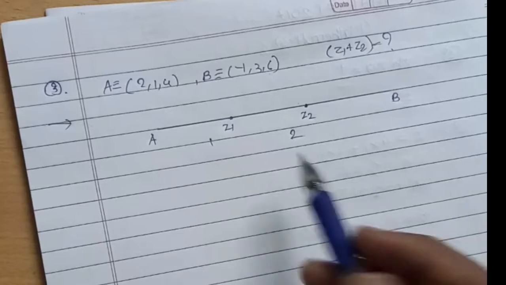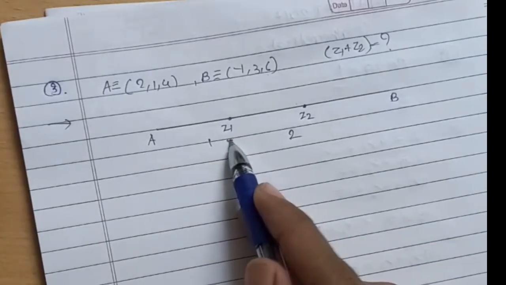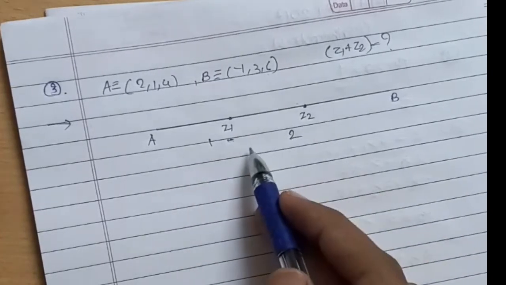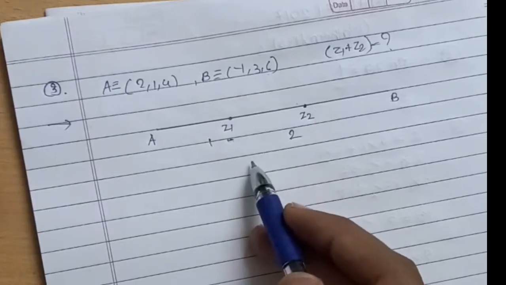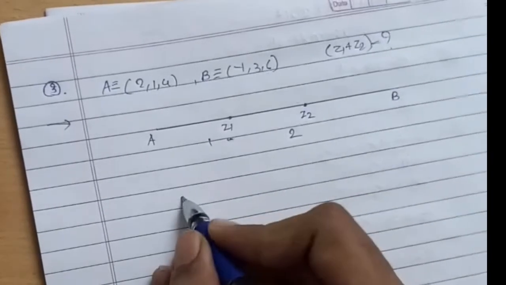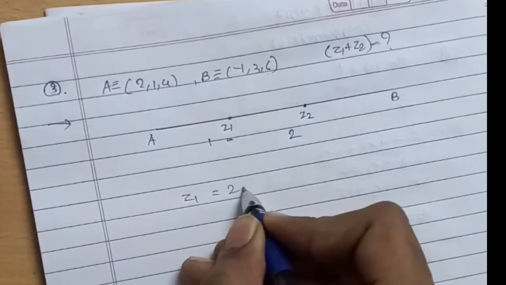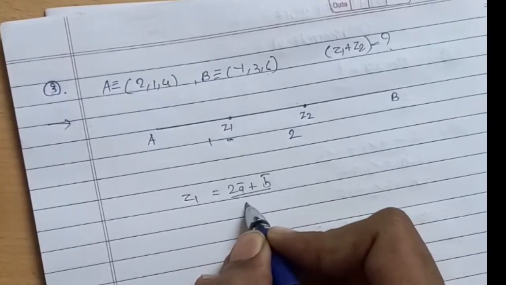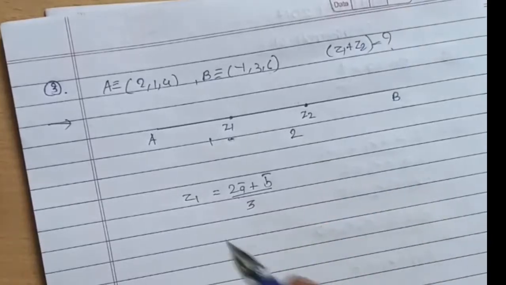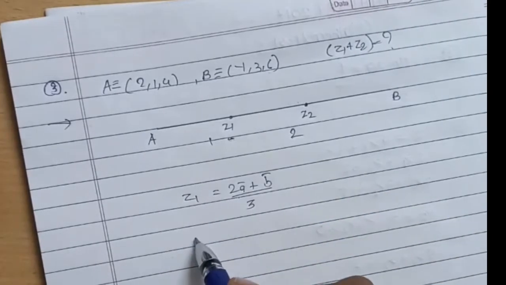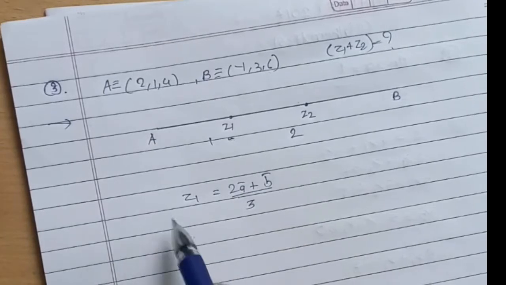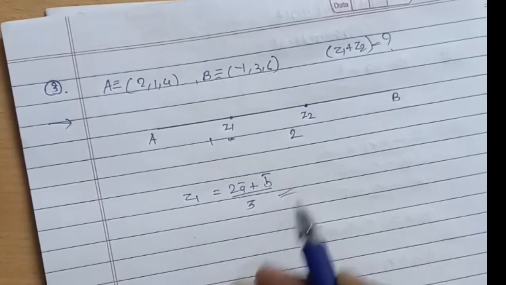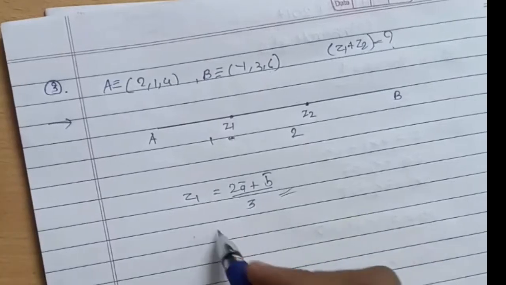Point of trisection means z1 divides AB in the ratio 1:2. So we can write z1 = (2a̅ + b̅)/(2 + 1), that is divided by 3. There is another method using coordinate geometry, but you can also use vectors, which is an easy way.